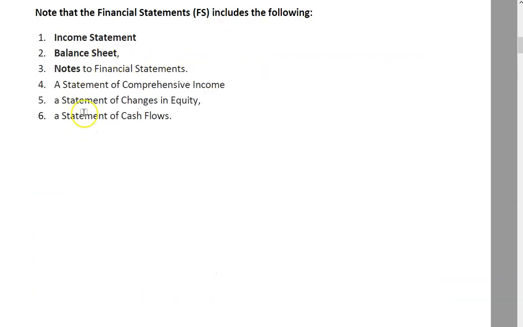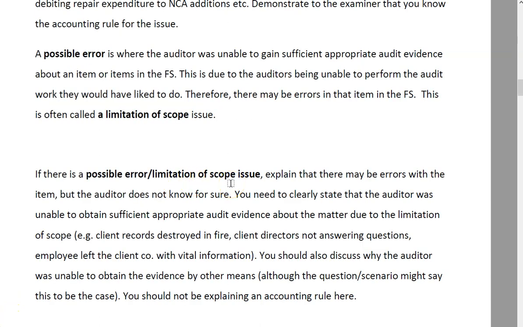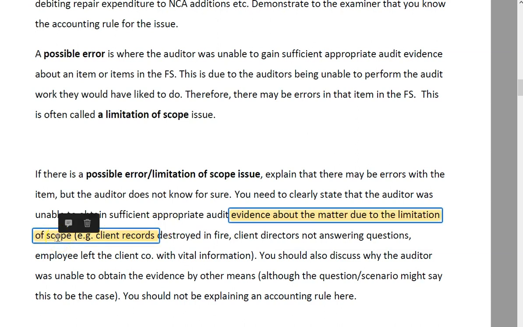So the financial statements include these areas, but in most questions we really look at the first three: the income statement, balance sheet, and the notes or disclosures. And you're looking for mistakes that were made, errors, or else limitations of scope in relation to these. So for a limitation of scope, you need to clearly state the auditor was unable to obtain enough relevant evidence about the matter due to whatever the limitation of scope is.